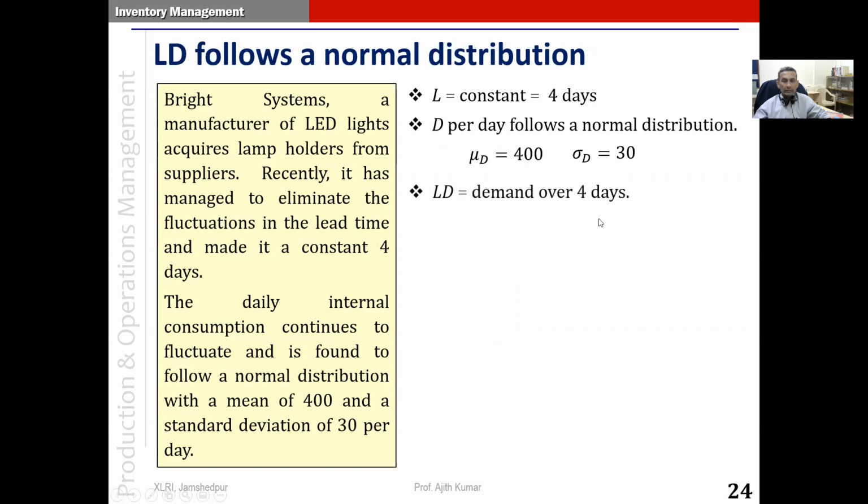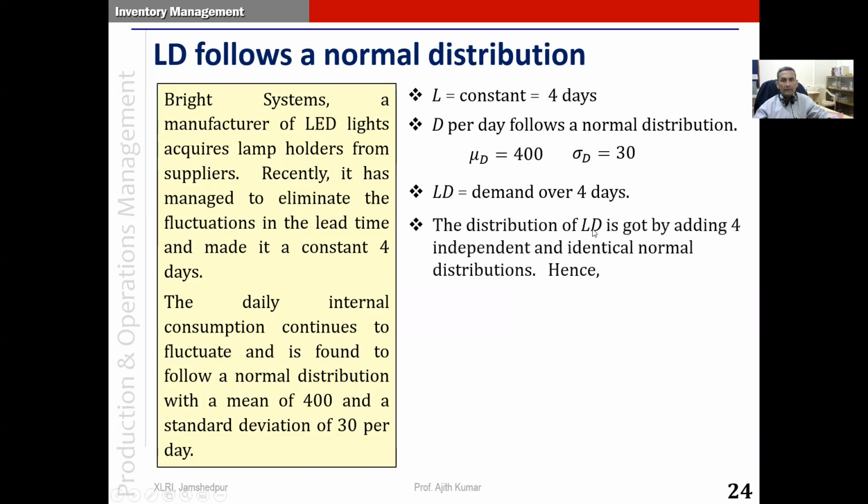So given this information, we can think that the lead time demand would be nothing but the demand added over 4 consecutive days when the lead time is taking place. So this means that essentially the lead time demand distribution can be got by adding the distributions of demand over 4 days, or 4 independent and identical normal distributions.